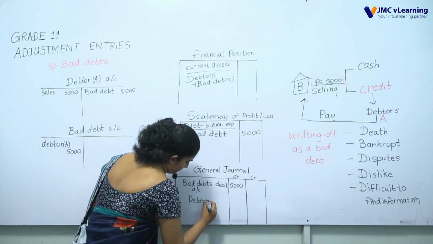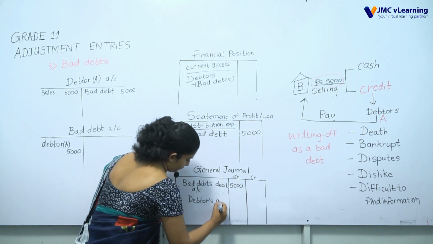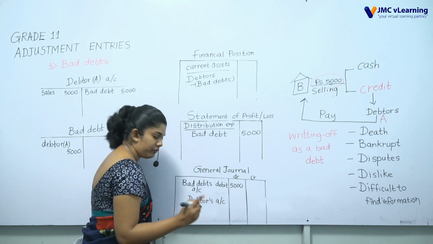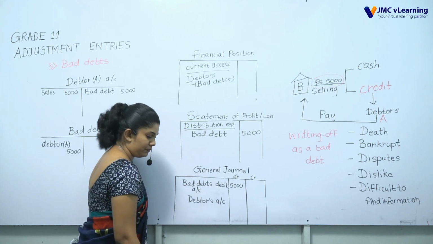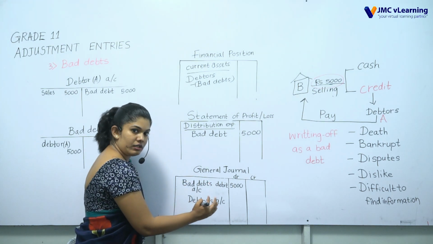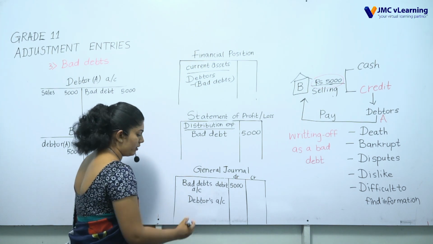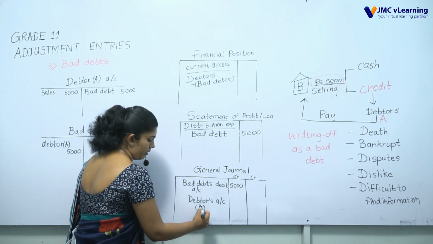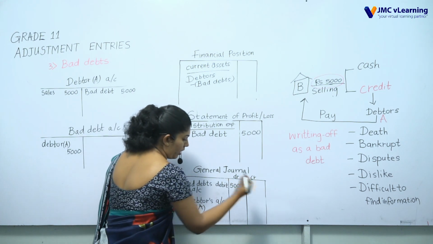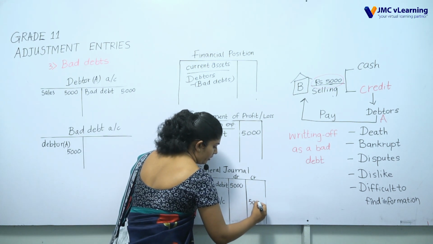Watch where you put this apostrophe, because if you put it here, that will be all debtors. Here we have a particular debtor. Debtor is A. His account is credited.